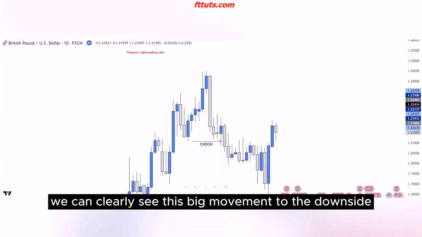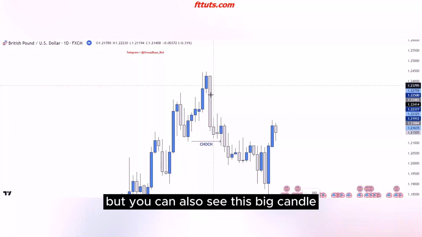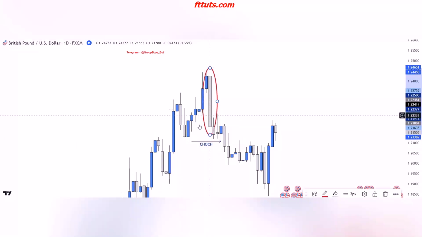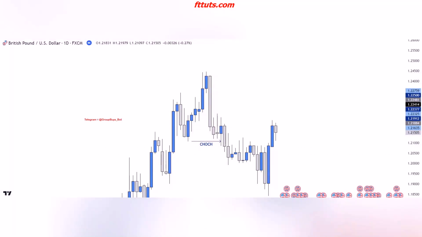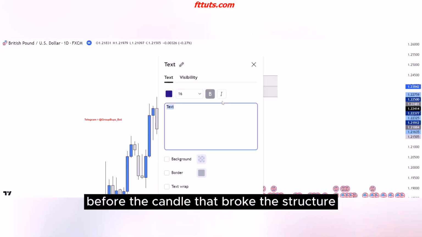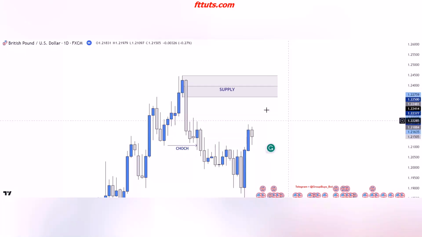We can clearly see this big movement to the downside, but you can also see this big candle that shows that the sellers are currently in control. So we will mark our supply this way, also the last candle before the candle that broke the structure, and this is our supply.